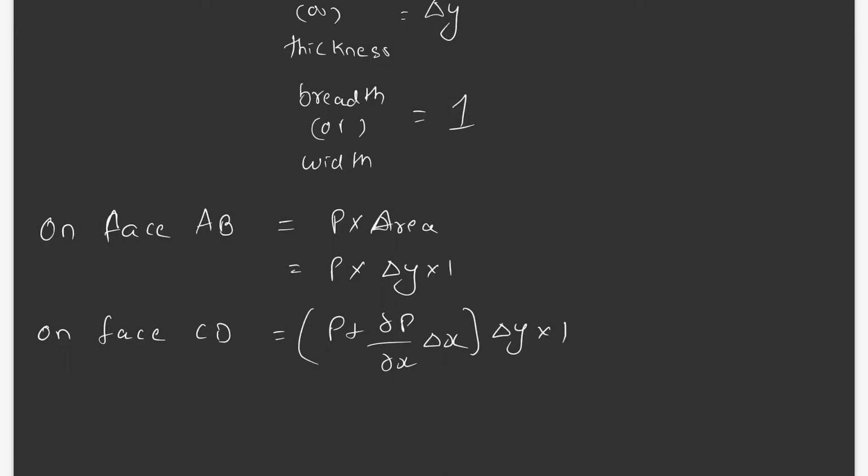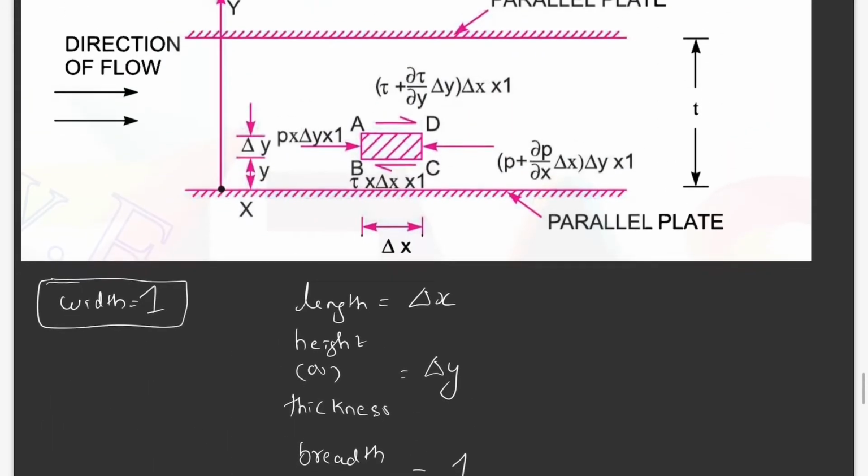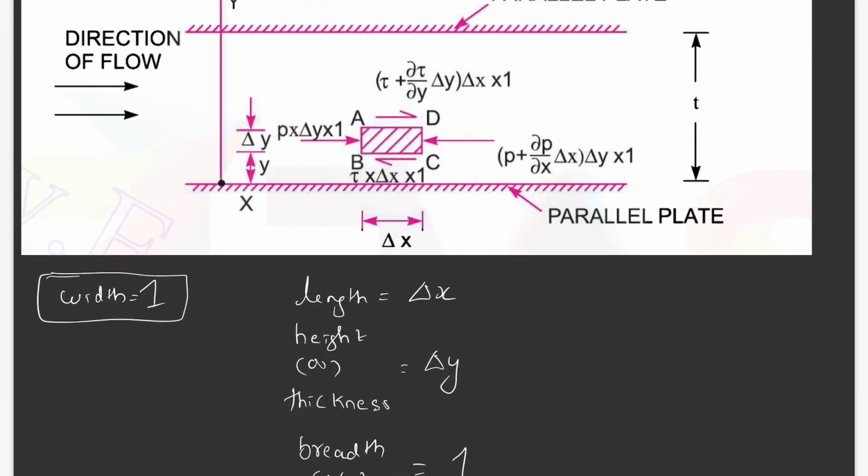Delta x is coming because pressure only changes in the x direction, it won't vary along the y direction. Coming to the shear force value, here we have tau, and similarly tau into area, that is delta x into 1, is acting on this particular face. Since this is not a cylinder or circle, the area here will be simple.